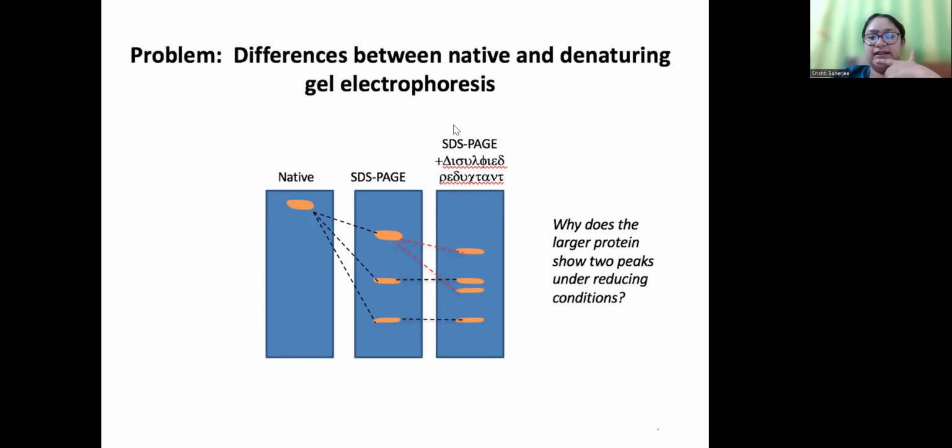And my second question, that this particular band corresponds to two bands here. That means it had two subunits. That is why it is resolved in this way when a denaturant is used. And that is the reason. Okay. So that was my question here. Okay. Let's go to the next question.